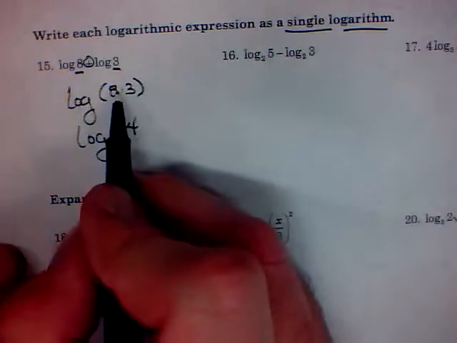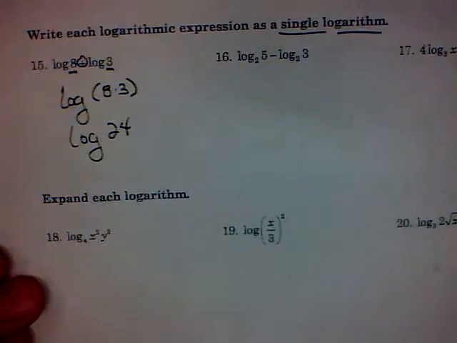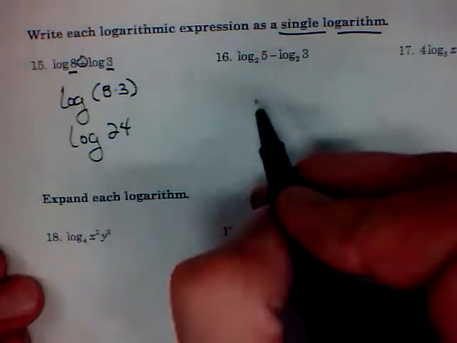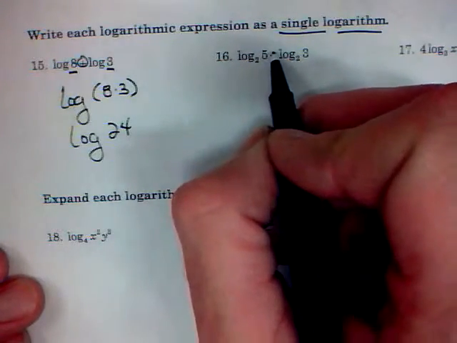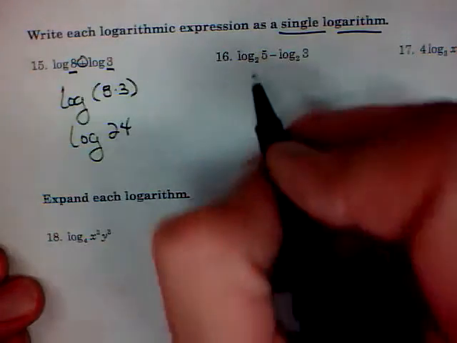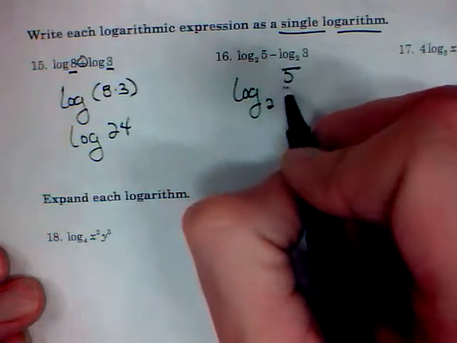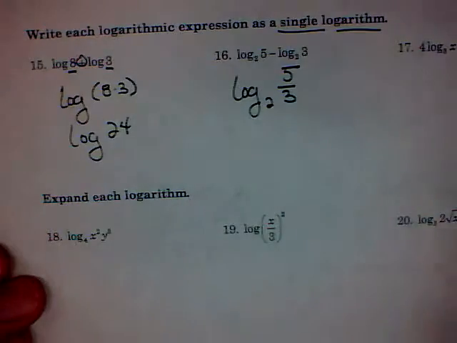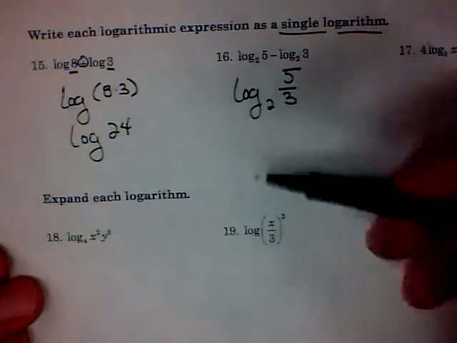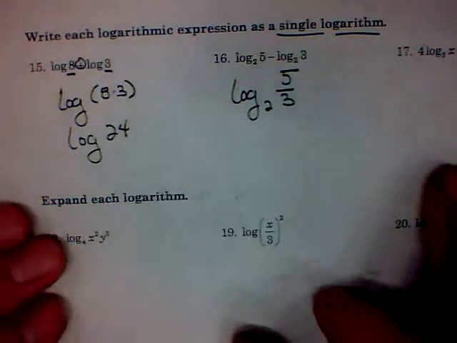We don't need to see this step. I'm just showing to show you what the rule is. On this one, since we are subtracting, that means you divide. So this is log base 2 of 5/3. And since 5 doesn't divide by 3 evenly, we're just going to leave it as 5/3. Okay.